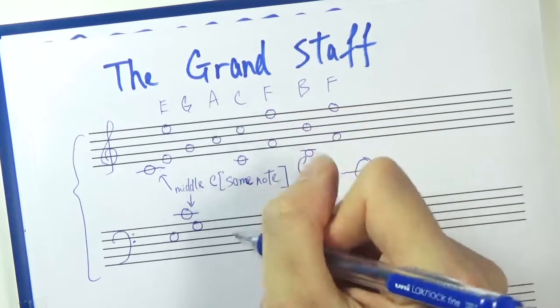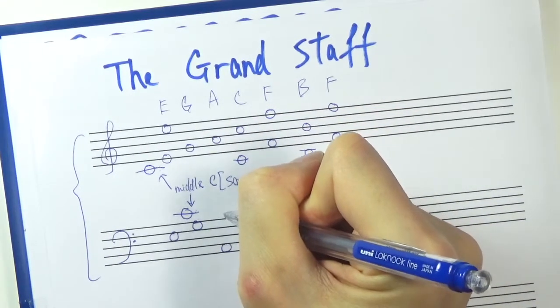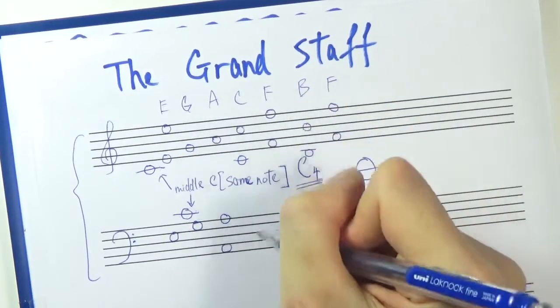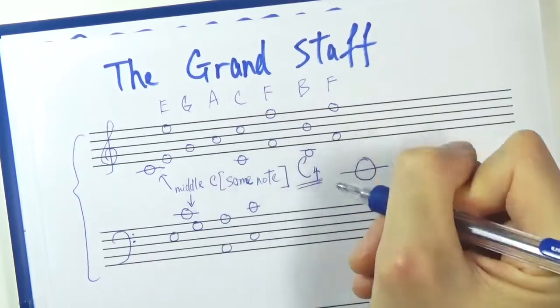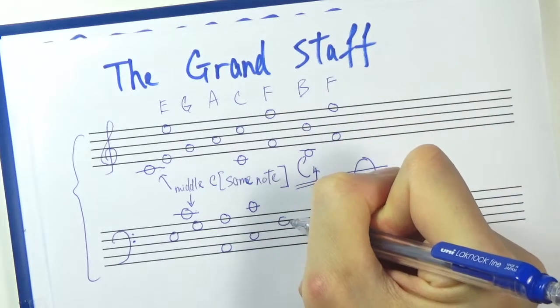All right, so A, you've got an A here. You also got an A here. All right, C, you have a C. You also have this middle C. F, this is the F clef, so you've got an F here.